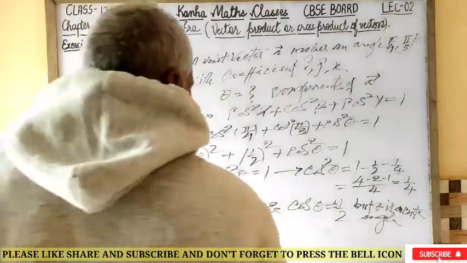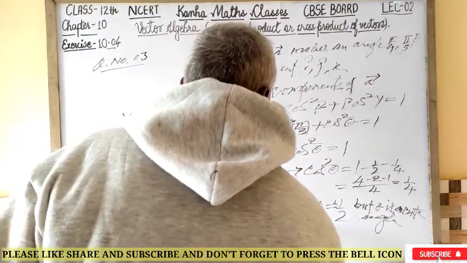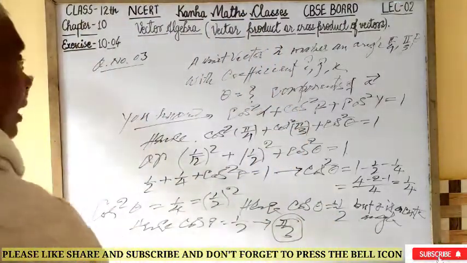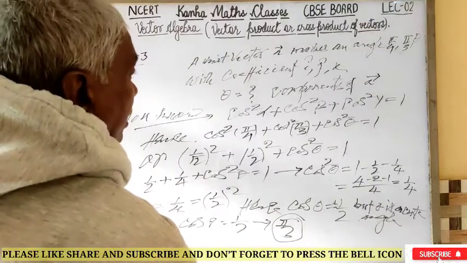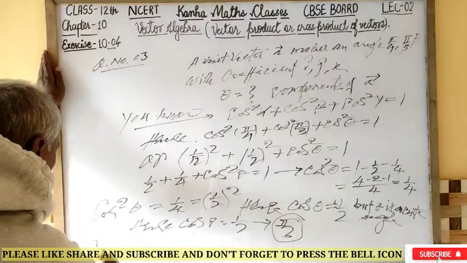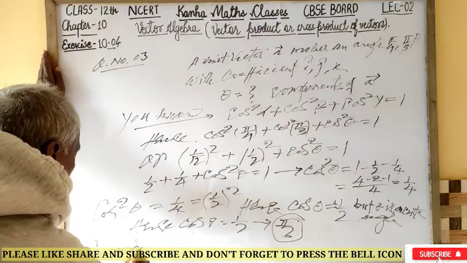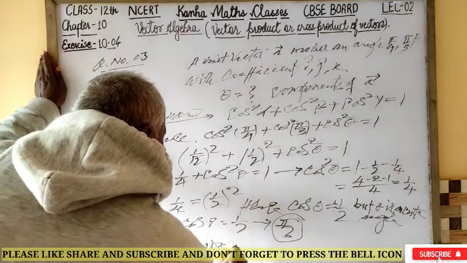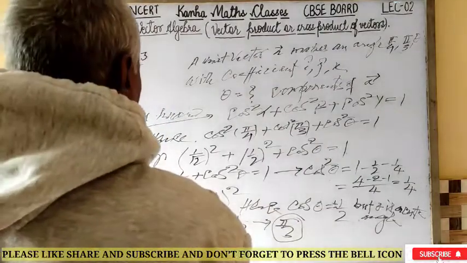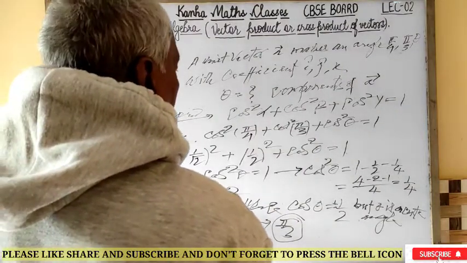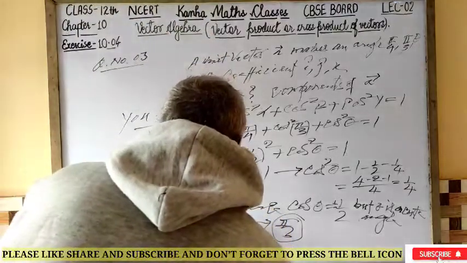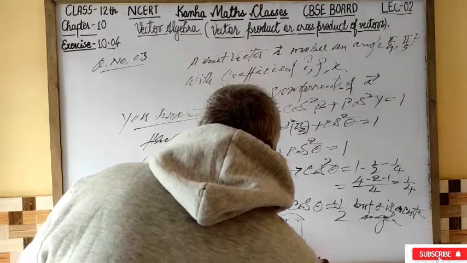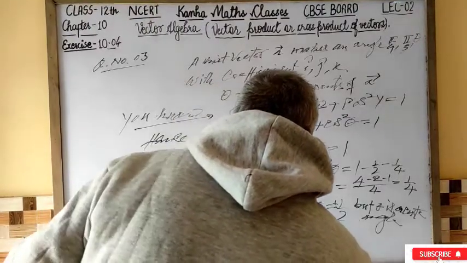Cos theta equal to 1 by 2 means theta is pi by 3, and the components are 1 by root 2, 1 by 2, 1 by 2. This is the requisite answer.